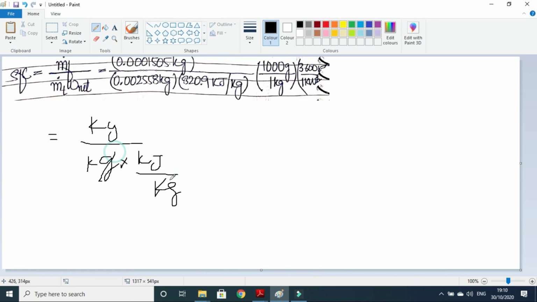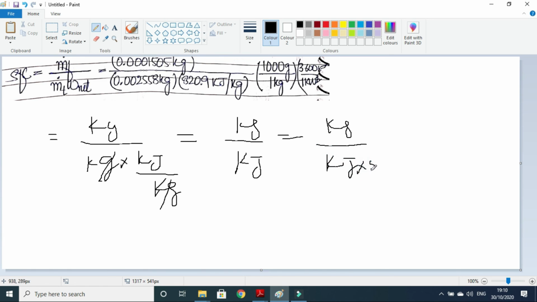So this kilogram will be cancelled out, and we will be left with kilogram per kilojoule. Now we can multiply and divide kilojoule by second, so it will become kilogram per kilowatt into second.